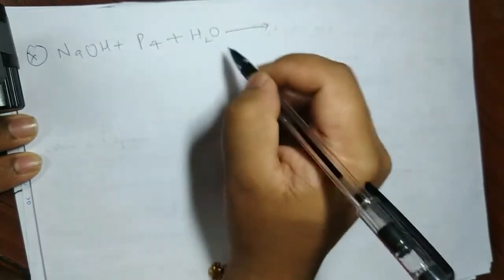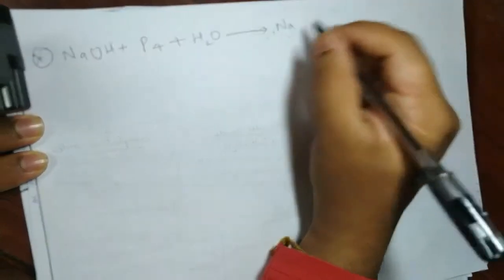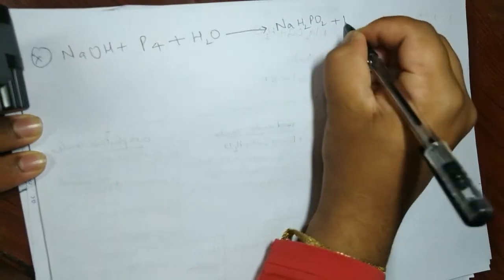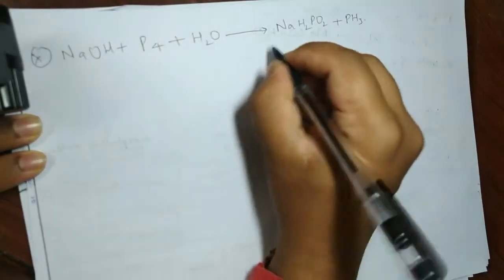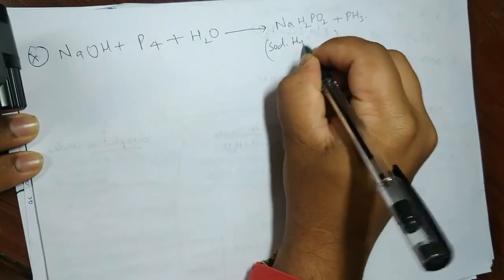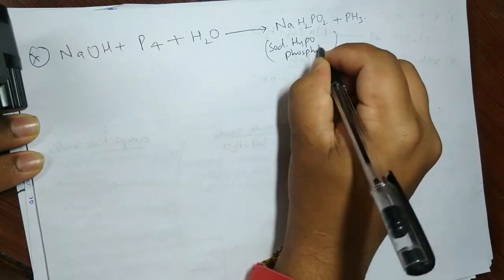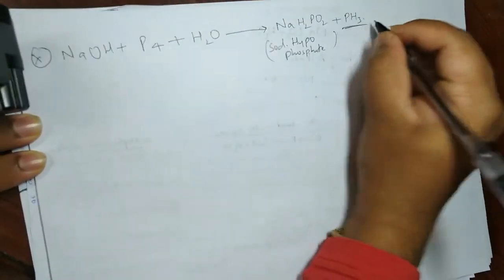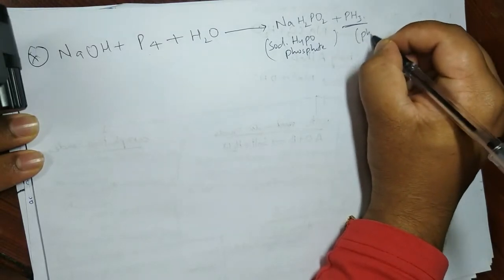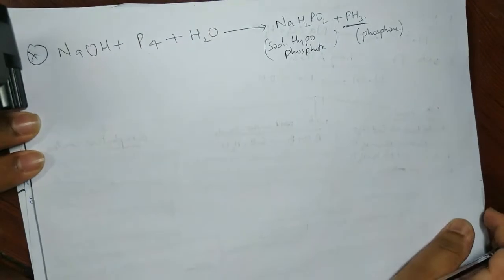So in the presence of water we find that sodium hypophosphite, that is NaH2PO2, is formed along with phosphine. What is the name of this one? Sodium hypophosphite. And what is this one? Very familiar one, that is NH3 is ammonia, PH3 is phosphine or phosphine. Some books or some spell it out.